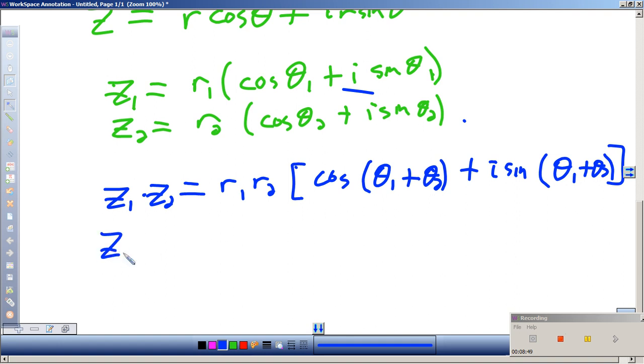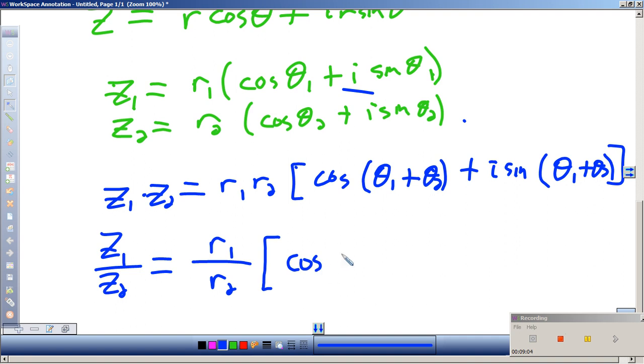So what do you think z1 divided by z2 is going to be? Okay, r1 over r2, cosine of theta 1 minus theta 2, plus i sine of theta 1 minus theta 2.